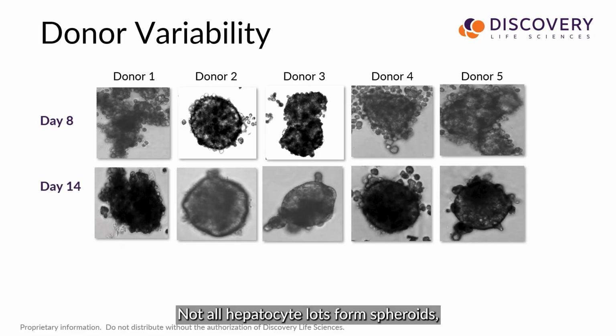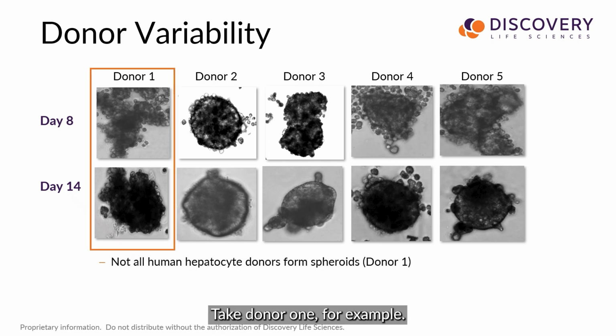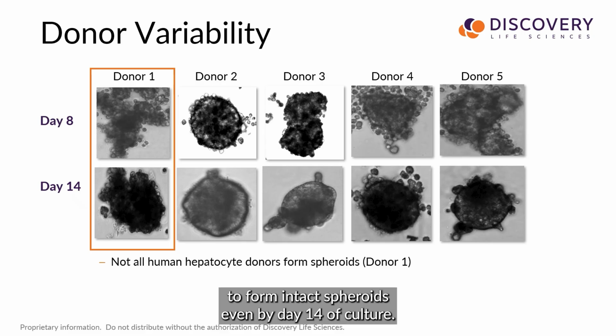Not all hepatocyte lots form spheroids despite plating well in 2-dimensional monolayers. Take donor 1, for example. The hepatocytes remain very loosely aggregated and fail to form intact spheroids even by day 14 of culture.